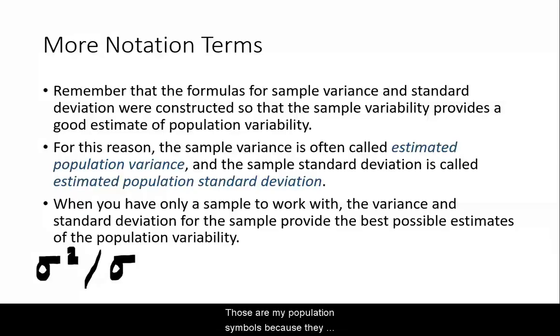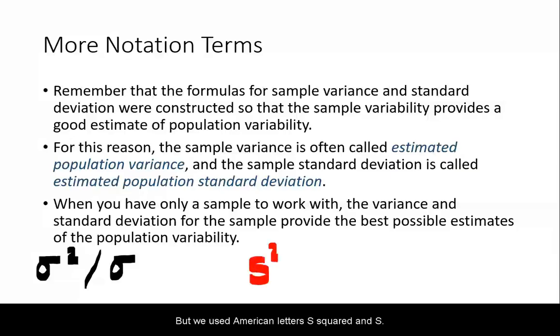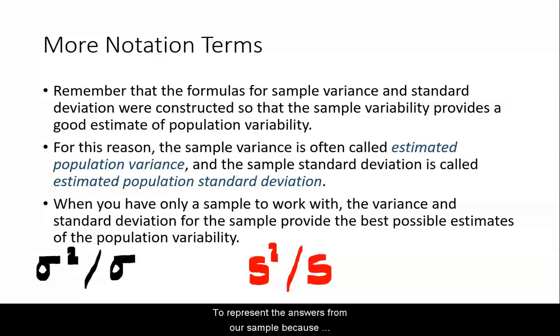Those were my population symbols because they actually represent the population variance and standard deviation. But we used American letters, S squared and S, to represent the answers from our sample because they actually represent estimates of the population by using a sample.